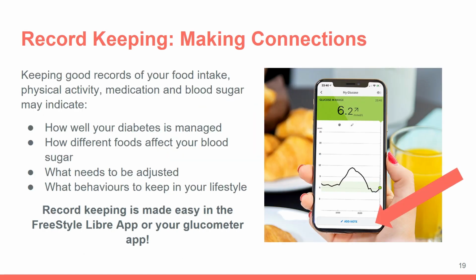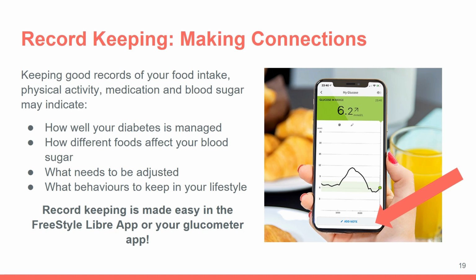We've talked a lot today about healthy eating patterns and keeping track of the amount of carbohydrates that you eat at each meal and snack through carbohydrate counting as a method to optimize your blood sugar levels. Keeping good record of the foods you eat, your physical activity, medications, and blood sugar levels are all important factors in managing your diabetes.